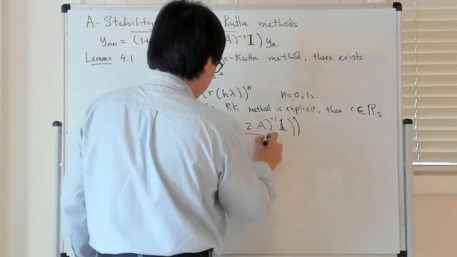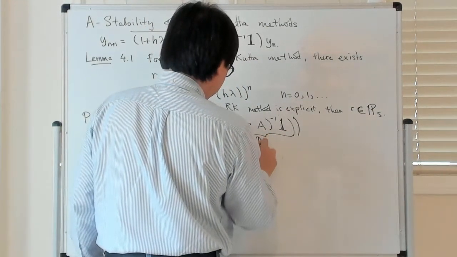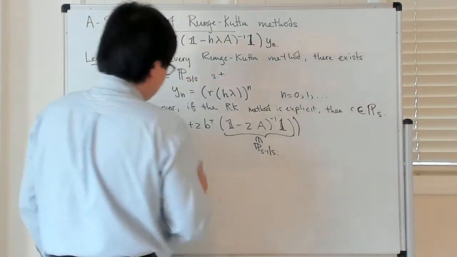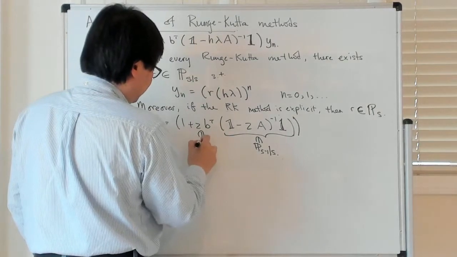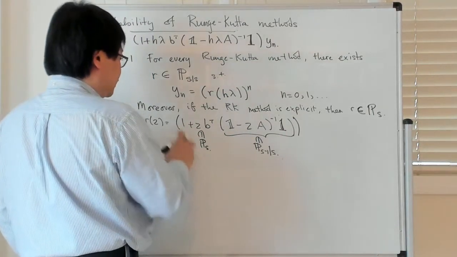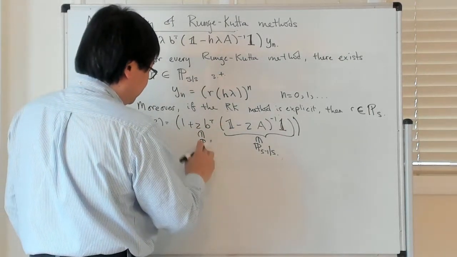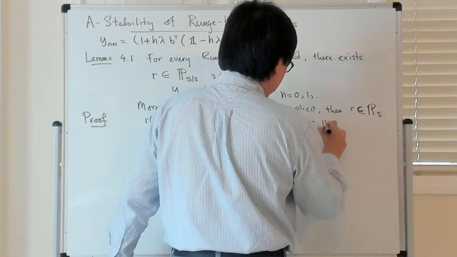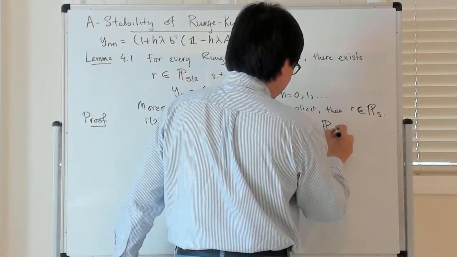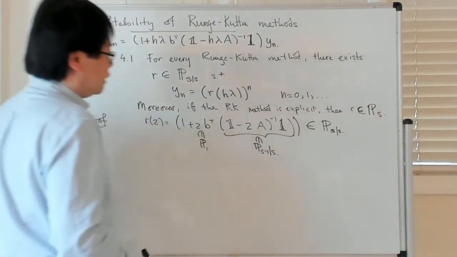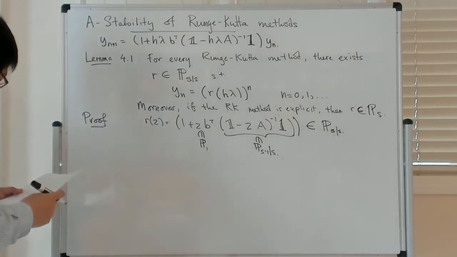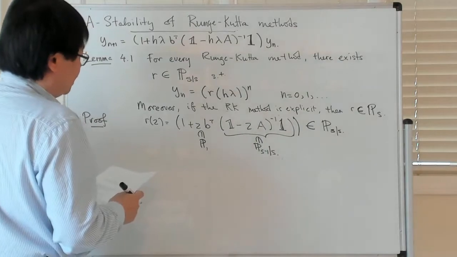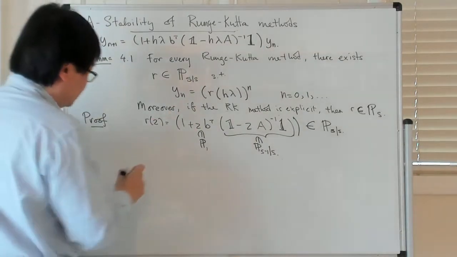This thing here is an element of the rationals of degree (s minus 1, s). This is a polynomial of degree 1. So the product of these things implies that this is a rational function of degree (s, s).